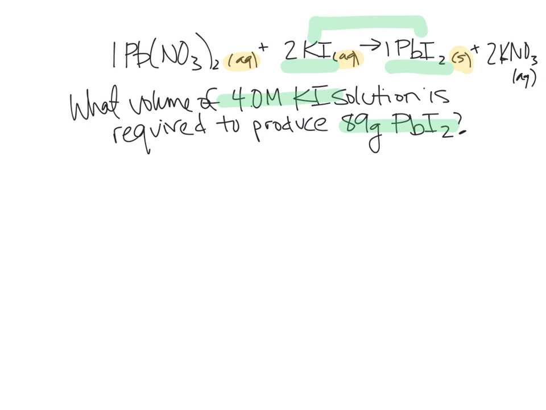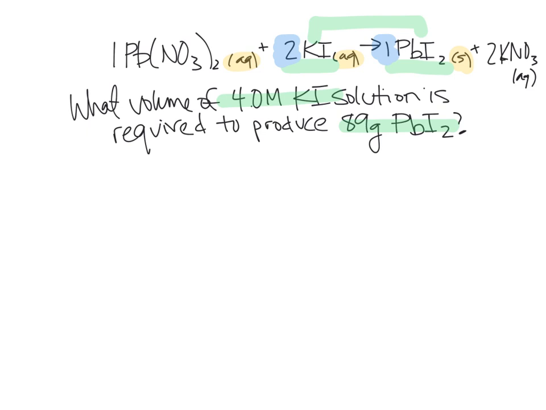So how are we going to do that? In stoichiometry before, when we use the balanced equation to relate two different things, we're always going to be using our mole ratio. Remember, the mole ratio are the coefficients in the balanced equation. So this is a 2-to-1 ratio.